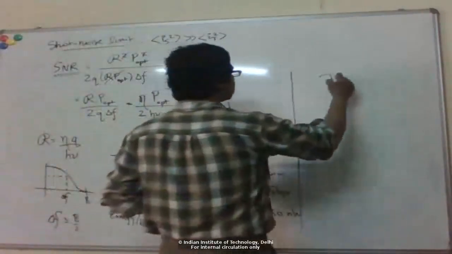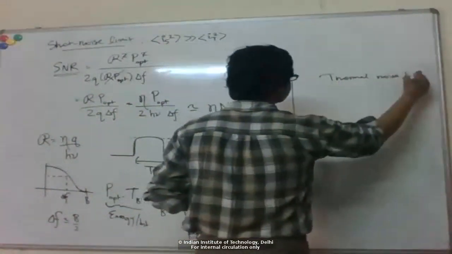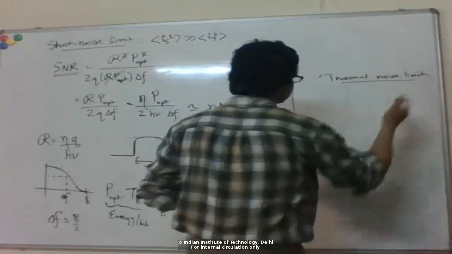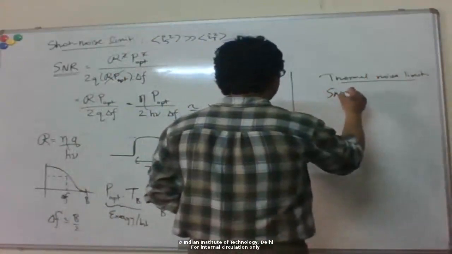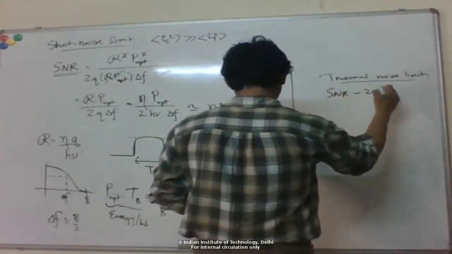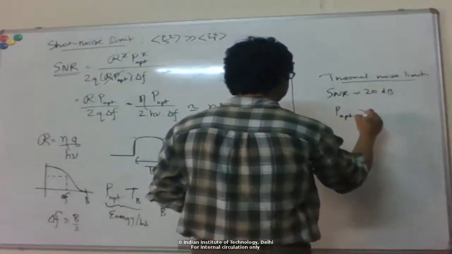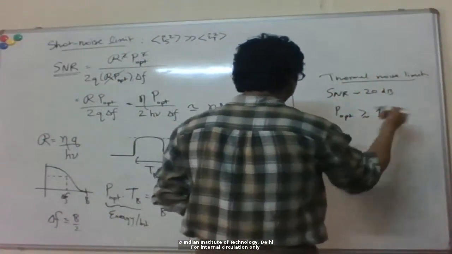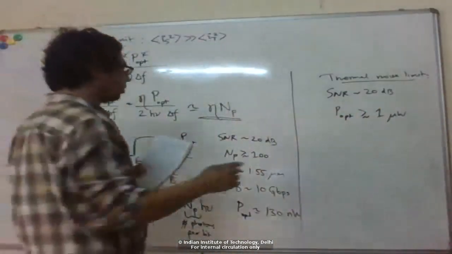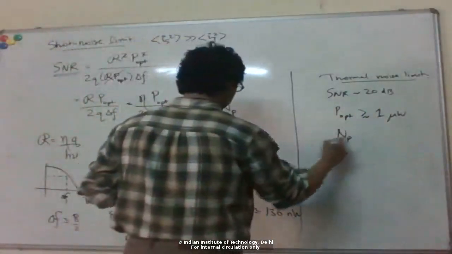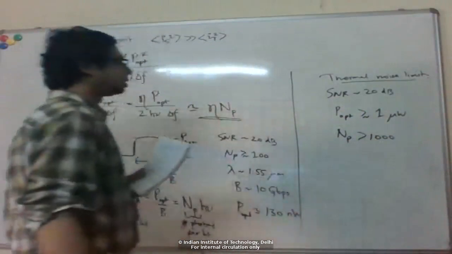If you were in the thermal noise limit, which is typically the case in practice, then if you want an SNR of 20 dB, typically the optical power required is more than a microwatt, a few microwatts. Or if you look at the number of photons per bit, that is more than 1,000 photons per bit.